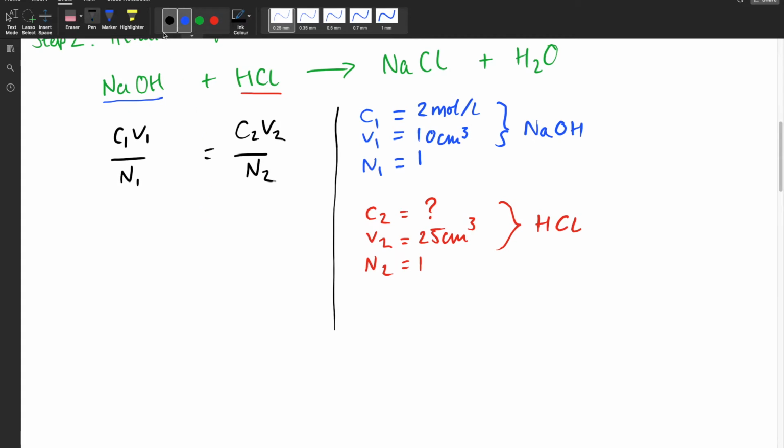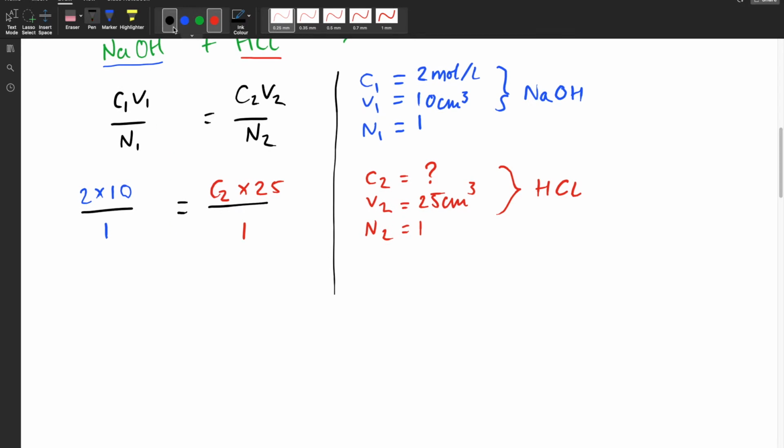So what we're going to do now is put all of the values into our lovely equation that we have here. Do we know what our C1 is? Yes, our C1 is 2, so it'd be 2 times V1, which is 10, so 2 times 10 over N1, which is 1, equals C2. Now we don't know what C2 is, so we're just going to put C2 times V2, which is 25, divided by N2, which is 1.